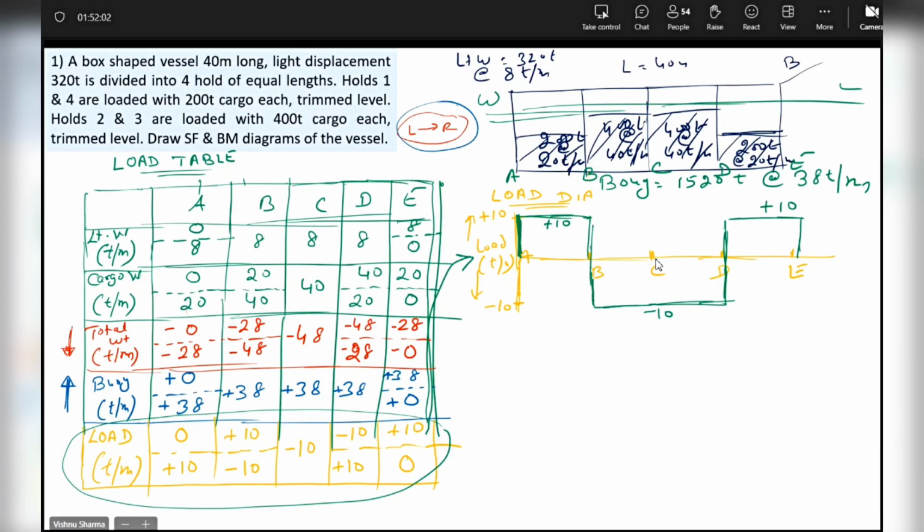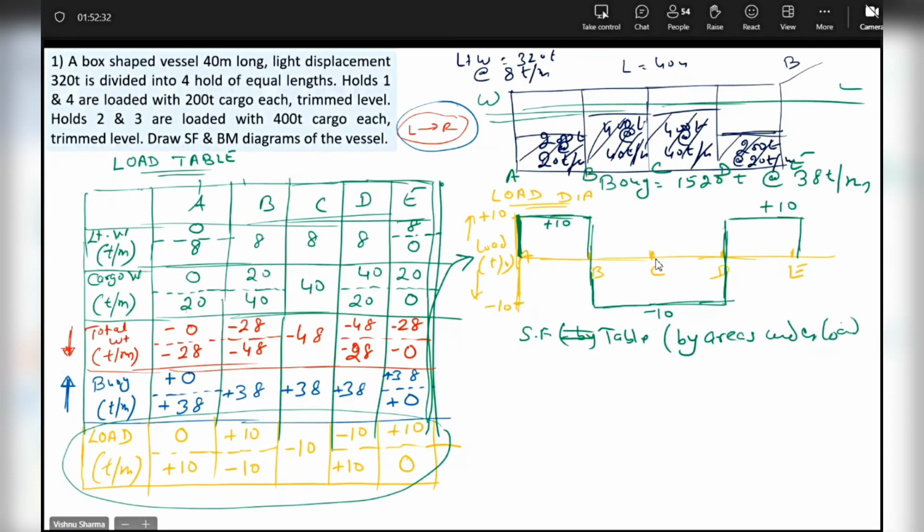The same is the criteria for choosing points for the SF table from the load diagram. Look at the load diagram. Whatever points you've taken for the load, at those points you will be taking the SF. Now we will make the SF table, by areas under the load diagram.